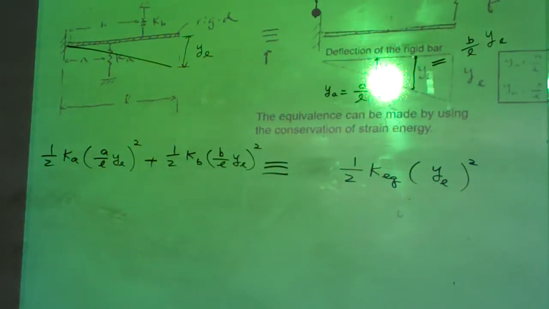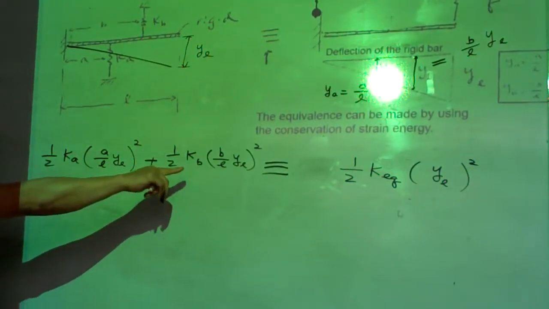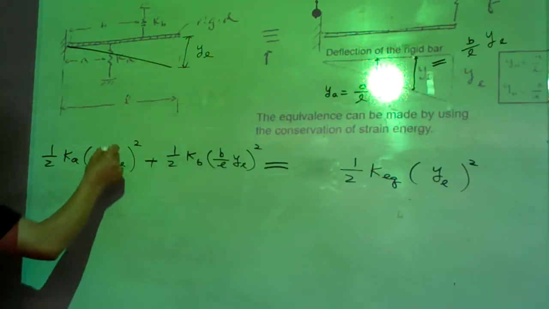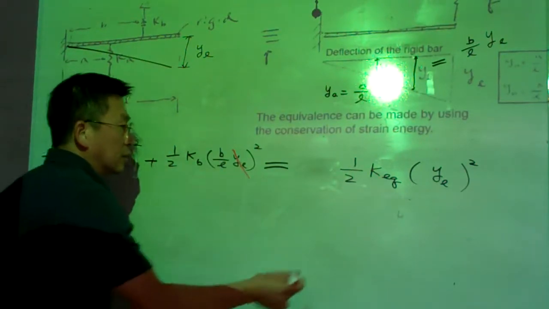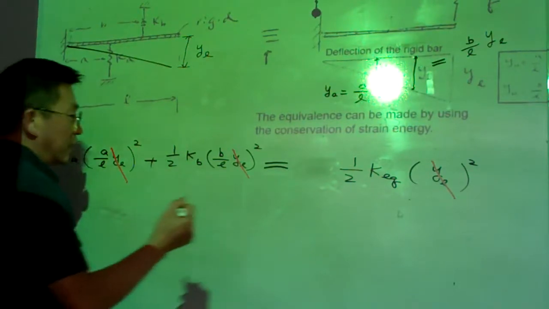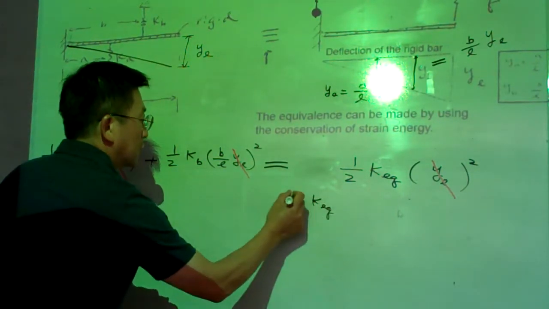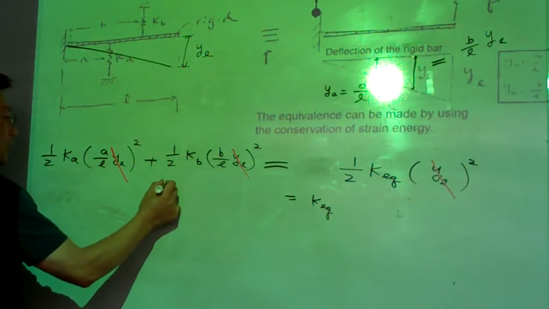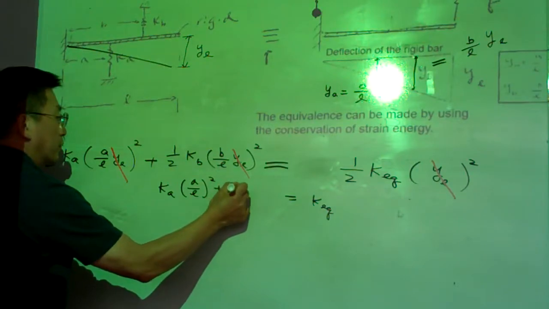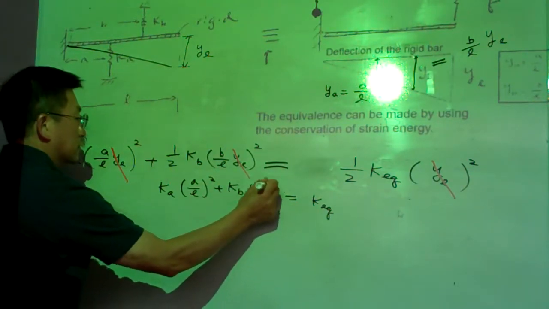Look at this carefully: on both sides of the equal sign we have YL, so we can eliminate these constant terms. In this case, KEQ will be equal to KA times (A over L) squared plus KB times (B over L) squared.